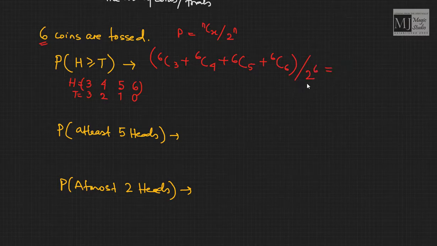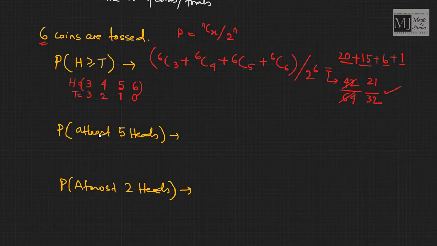That's it. 6C3 is 20, 6C4 is 15, 6C5 is 6 and 6C6 is 1. So 35, 36, 42. The answer should be 42 divided by 2 to the power 6. 2, 4, 8, 16, 32, 64. Cancel 2: 21 by 32. Done.